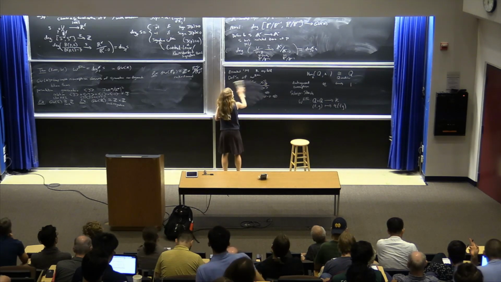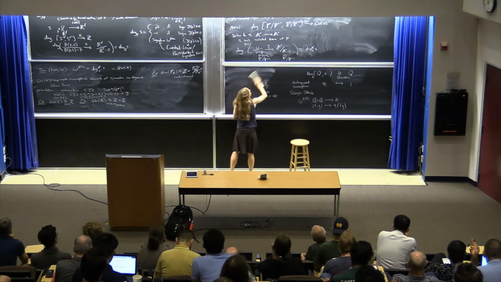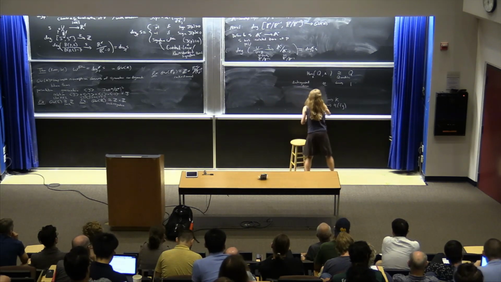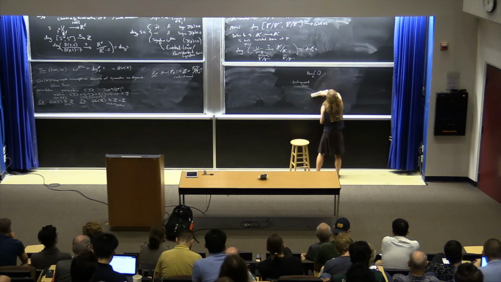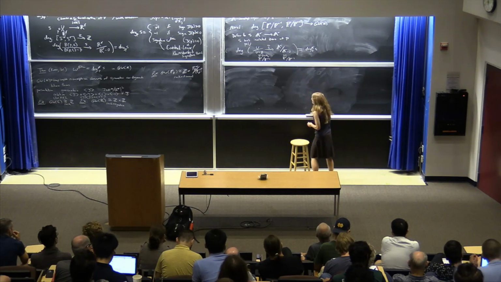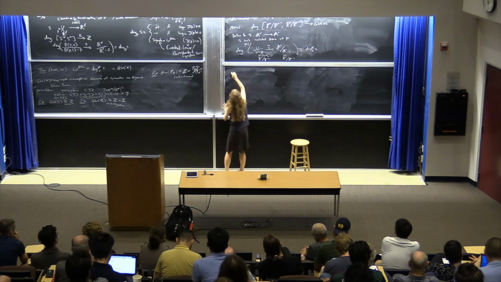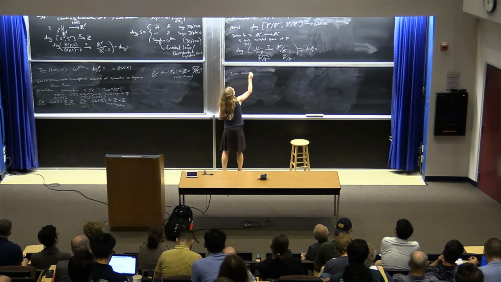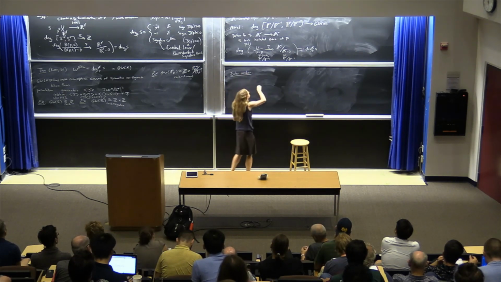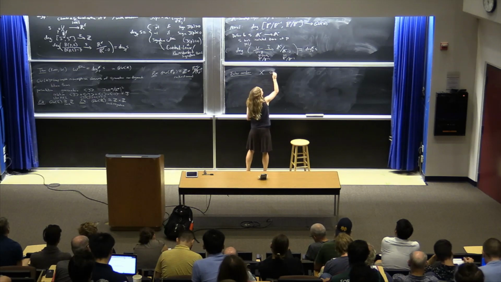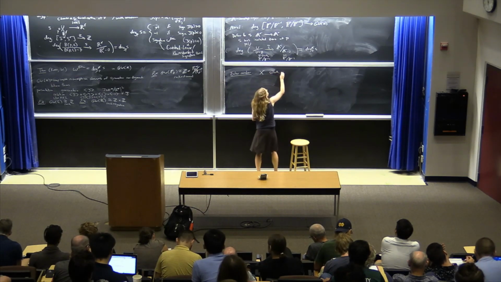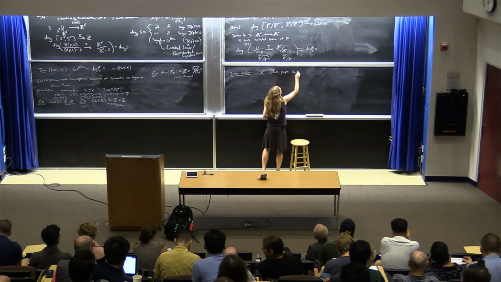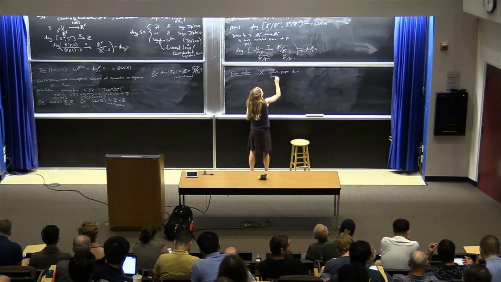So we'll give ourselves a relatively oriented vector bundle. So let X be smooth, proper, compact, dimension r over K a field.